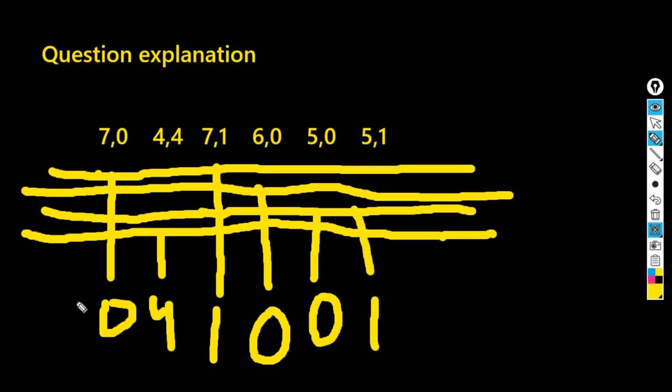So now what we have to do is check the number of elements which have height greater than or equal to the element at the current index. Suppose here we have no element with height greater than or equal to 7, so the count is 0. Here the count is 1 because we have one element greater than or equal to 4.